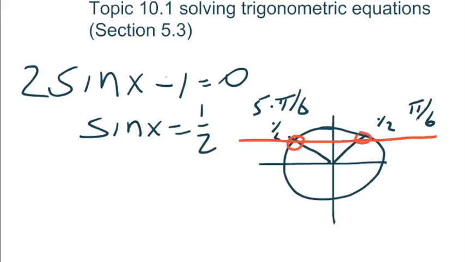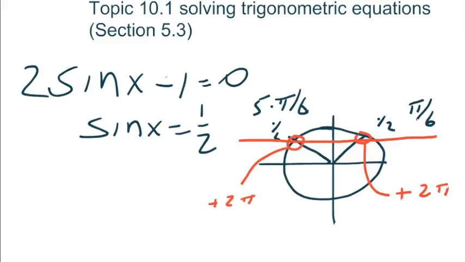Now, if we remember from our study of coterminal angles, then we can find another angle that has the same sine just by taking this one and adding 2 pi. We can do the same thing with this one. We take this angle and we add 2 pi.